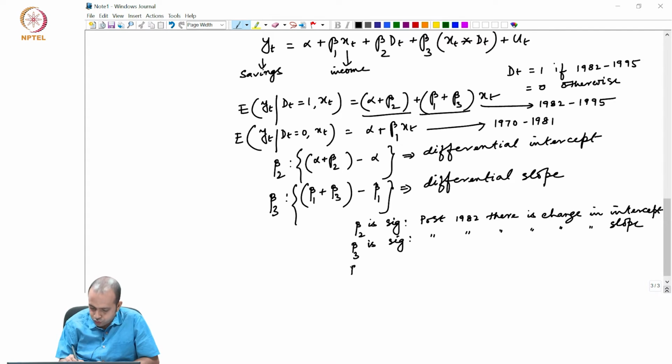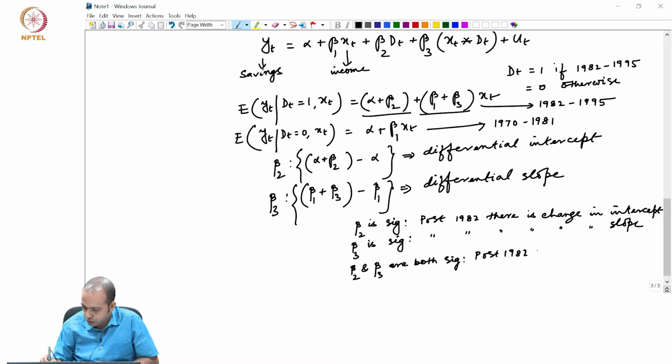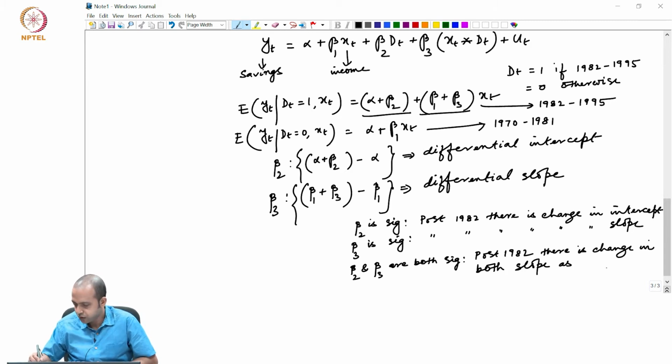When beta 2 and beta 3 are both significant, so post 1982 there is change in both slope as well as intercept.